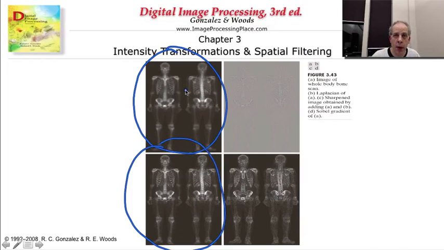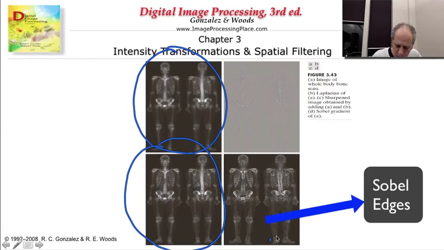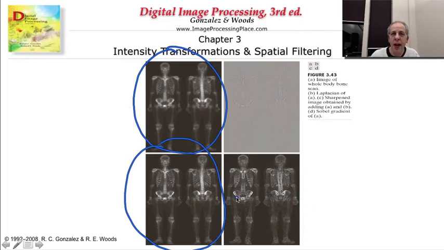Much sharper image. We can see a lot of the details that were not very clear here by a very simple operation of adding the image to its Laplacian. And here we see what's called the Sobel edges, which are a different way of computing these derivatives. So very interesting effects in images by combining derivatives with the image in different directions, additions of derivatives.